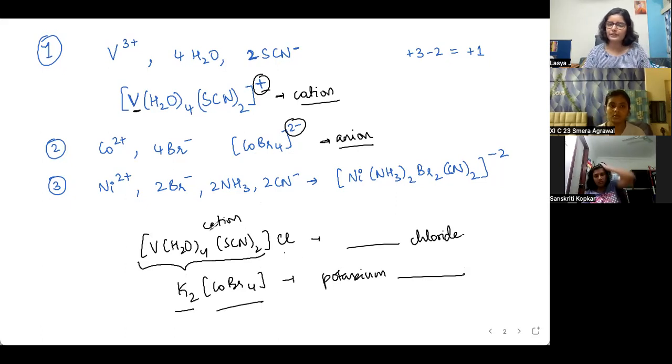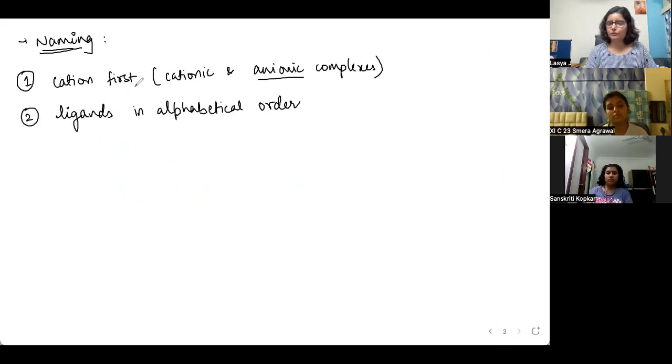The format is always cation first, anion next, just how you write the formula. Now coming to the complex ka naming, the ligands are listed in alphabetical order. All of them come before the central atom.